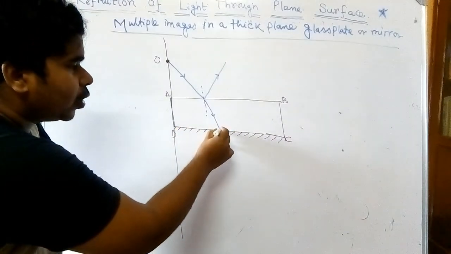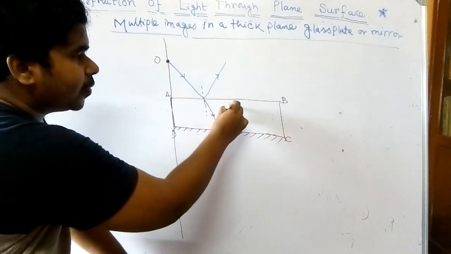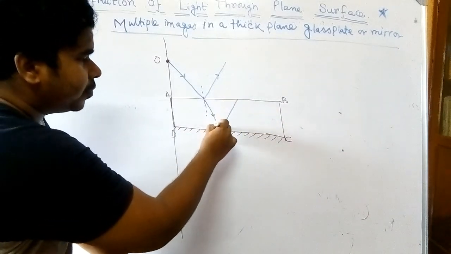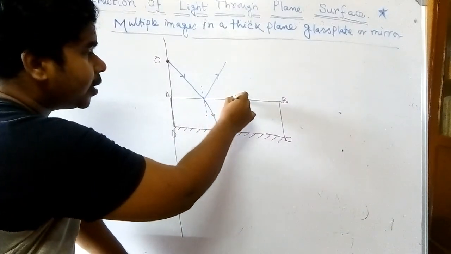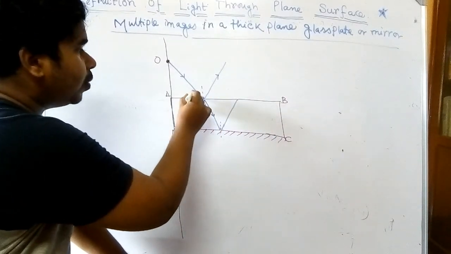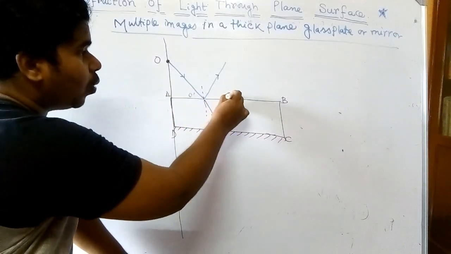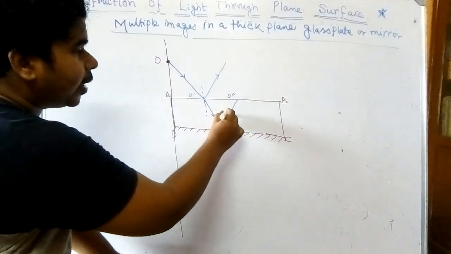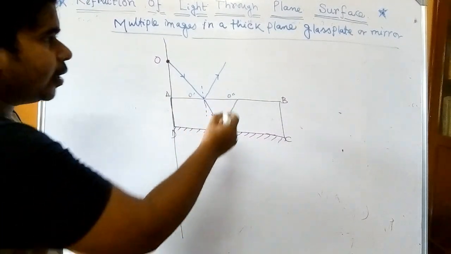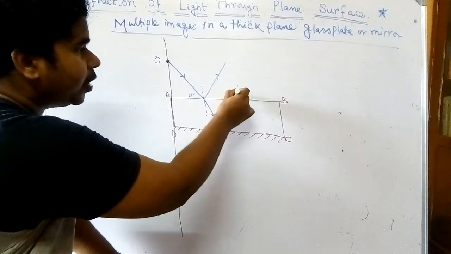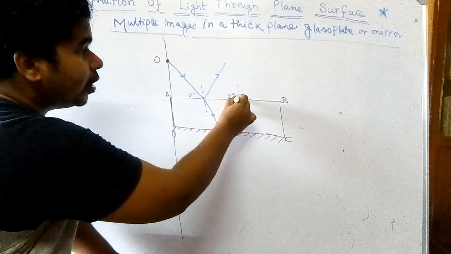From here, the total light should be reflected, and it will come here, total reflection. As it is incident on this point, assume it is O dash, and this point we take as O double dash. As the light ray is incident from denser to rarer medium at AB, the light ray will deviate a little bit.